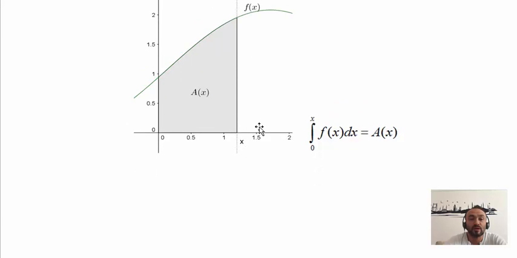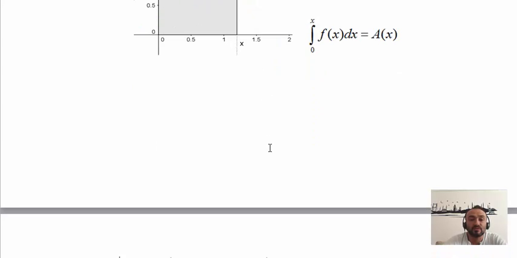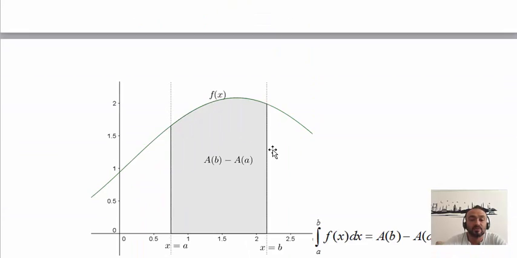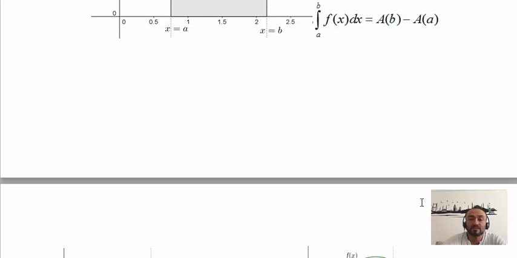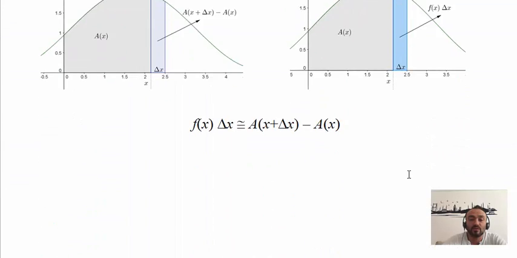So we just found out how to find A(x). After finding A(x), you can easily calculate any integral from a to b of f(x) dx by A(b) minus A(a). Let's check it on an example.